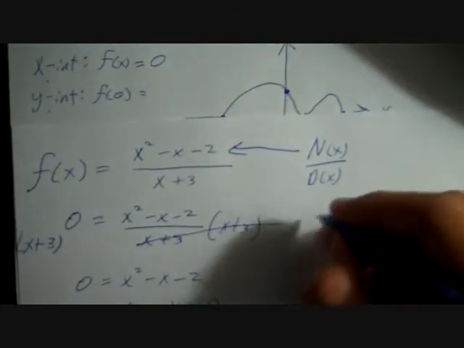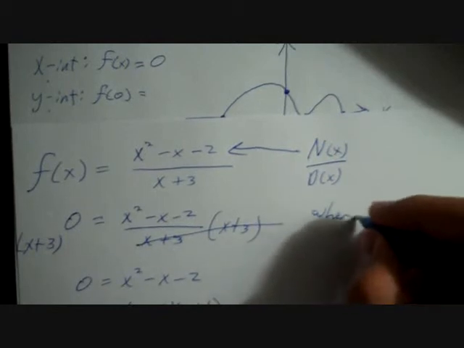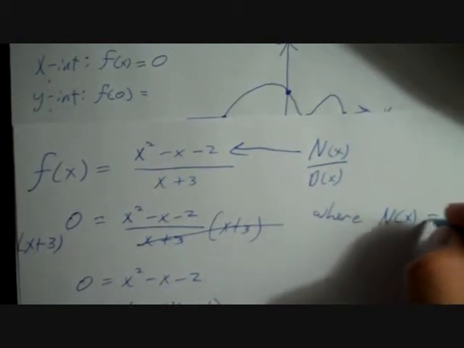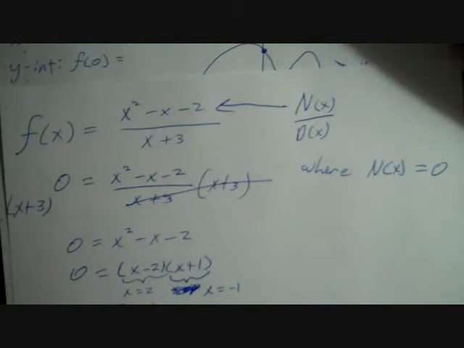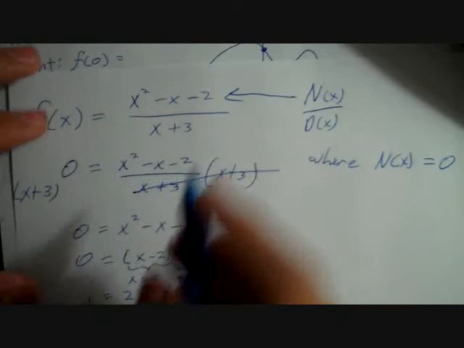Sometimes it's called n of x, and our denominator would be d of x. So wherever our numerator is 0, we'll have our zeros, our x-intercepts. The same goes for y-intercepts. Say we want to find the y-intercept of this function.